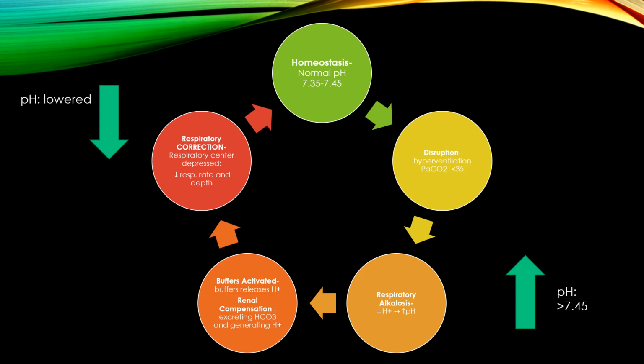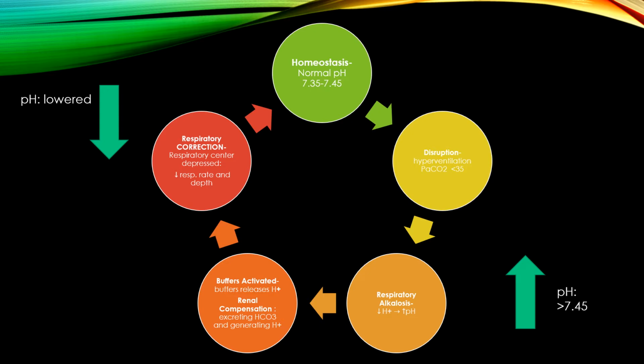So in this respiratory alkalosis model, we're going to start with homeostasis being within the normal pH of 7.35 to 7.45, when the respiratory disturbance is going to cause this hyperventilation, which is causing the body to get rid of CO2. This could be from anxiety-induced hyperventilation, or it could be mechanical ventilation, like a patient on a ventilator that is being overventilated.